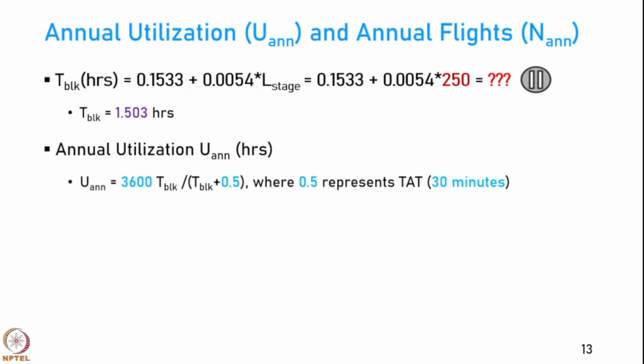T block upon T block plus 0.5, where 0.5 is the turnaround time, the time between two flights required for activities such as deboarding the passengers, putting in the various consumables that you have to provide, and maybe cleaning the aircraft, and also unloading the baggage and loading the passengers, all that requires some time.